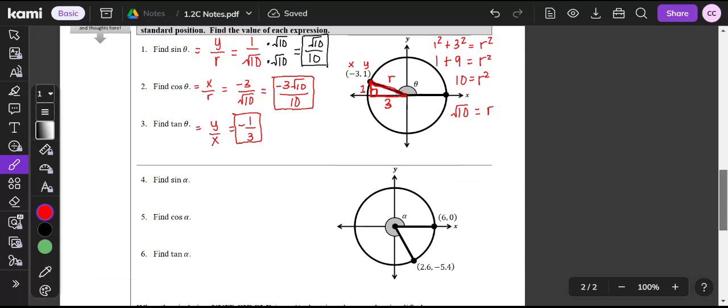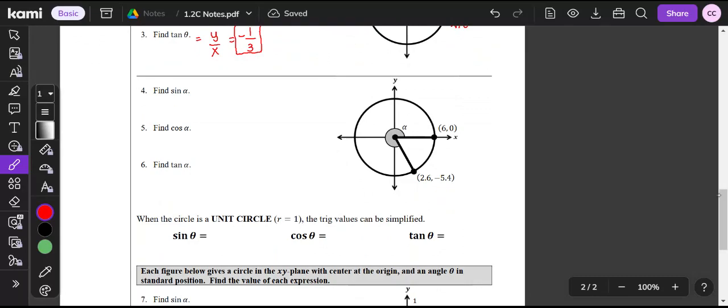Okay, very good. If we look at this next problem, it is very similar. So now we have an angle in standard position. We are told that this point is 6, 0. Well, if I know that this distance is 6, now I know the radius of my circle must be 6. And then I've got the coordinate points for this point right here.